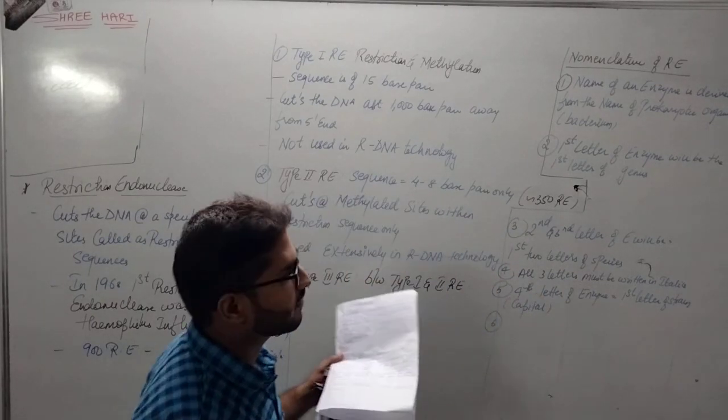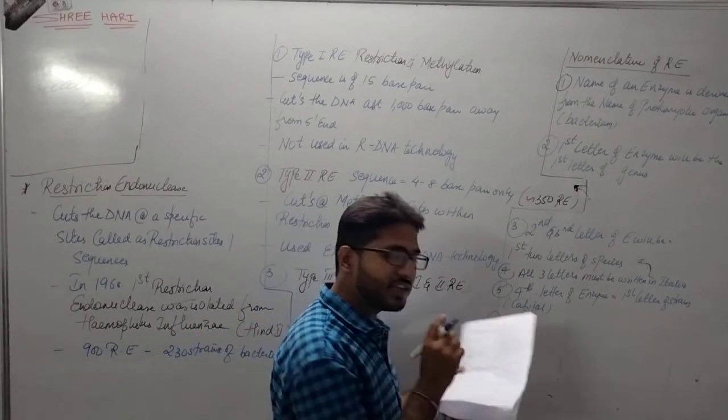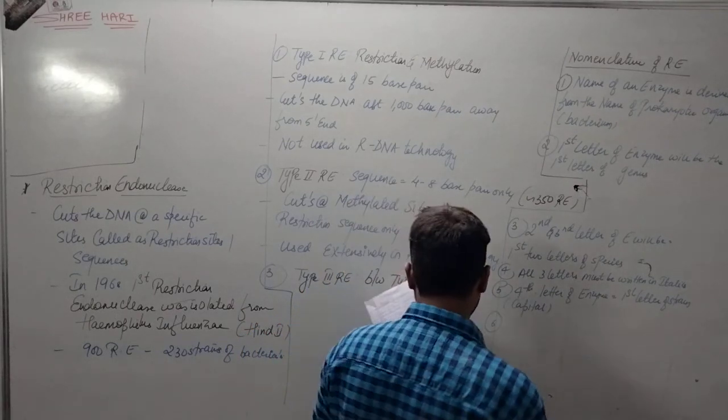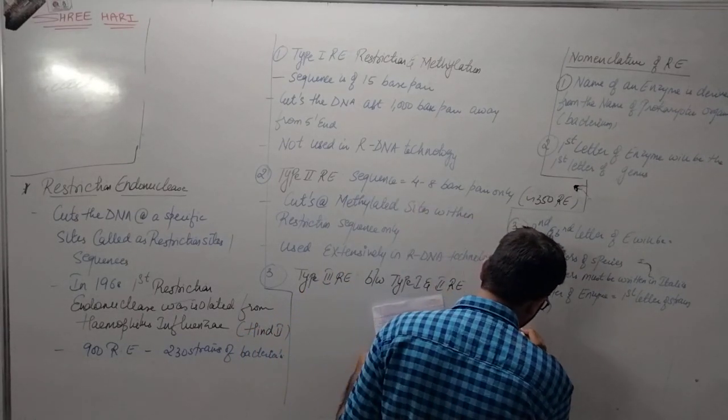The Roman number at the end of the enzyme indicates the order in which the enzyme has been isolated.